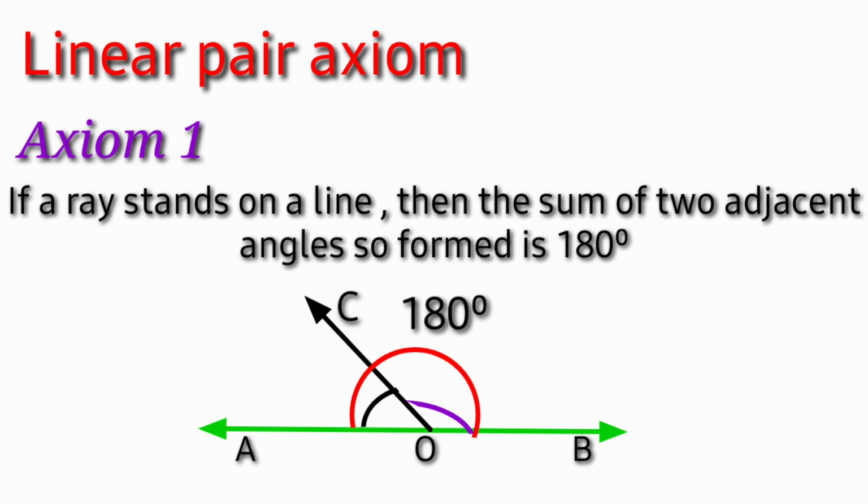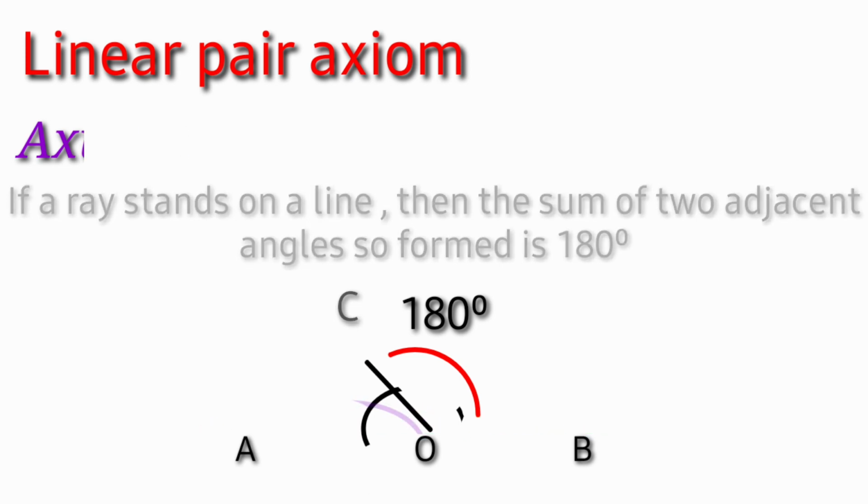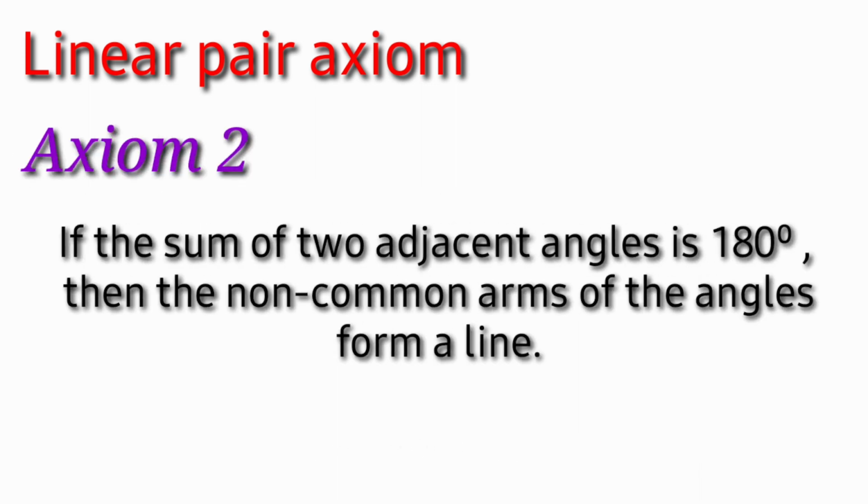Since AB is a line, the sum of the measures of angle AOC and angle COB is 180 degrees. See the second axiom. If the sum of two adjacent angles is 180 degrees, the non-common arms of these angles form a straight line. For these two axioms, we can't give any written proof.